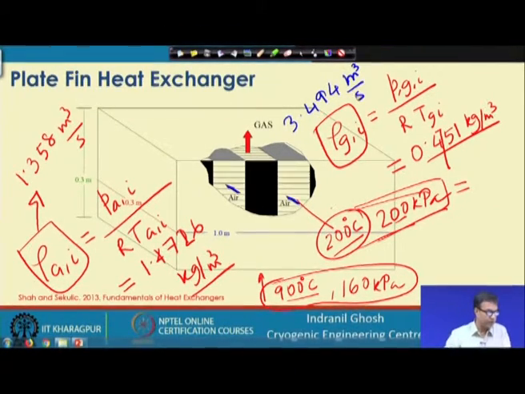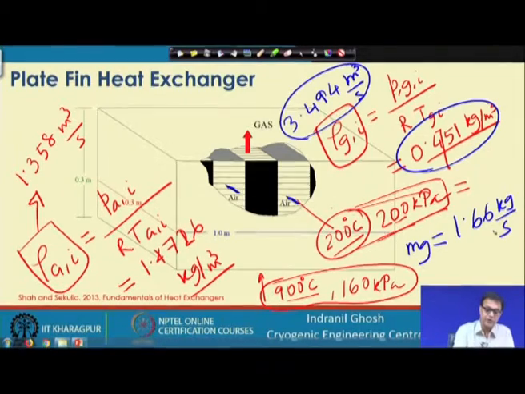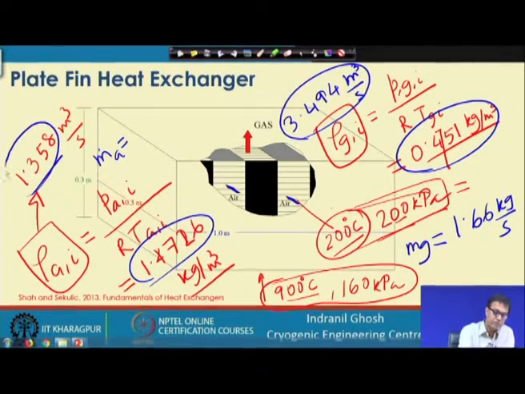So, we can now calculate the mass flow rate of the gas side by multiplying this flow rate by this density. That gives the mass flow rate m g equals 1.66 kg per second. Similarly, the mass flow rate of air is 1.358 multiplied by 1.4726, which is nearly 2 kg per second.